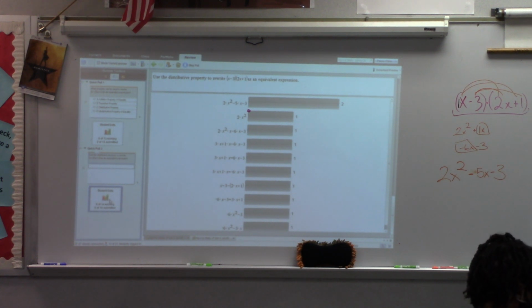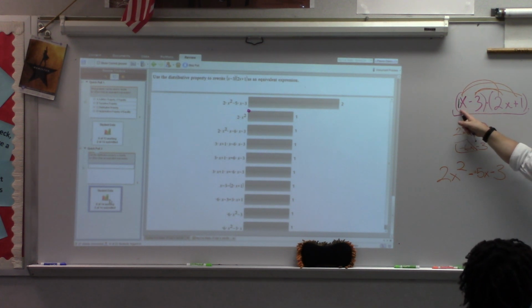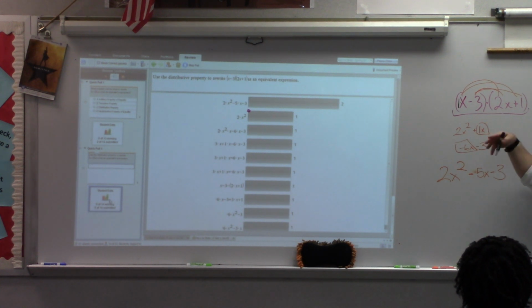You just added the x to the 2 to make it 3x. So this times this? Yes? But remember, what is 1 times 2? We got to remember, with the distributive property, what are we doing? Multiplying, right? So 1 times 2 is 2x times x. That's x squared. Okay?